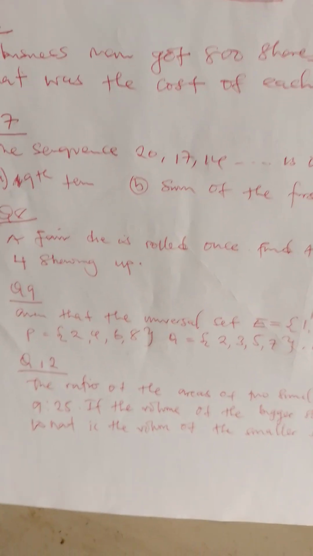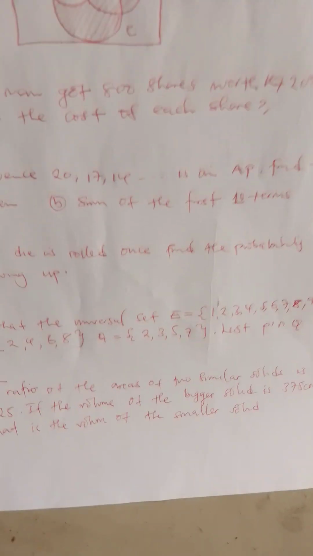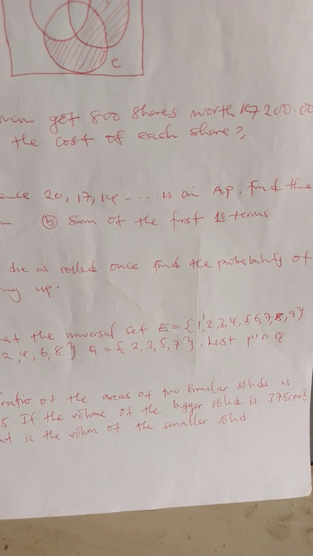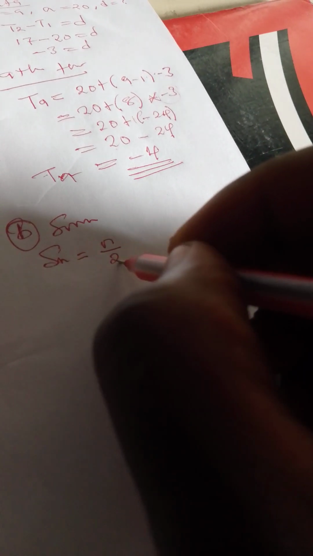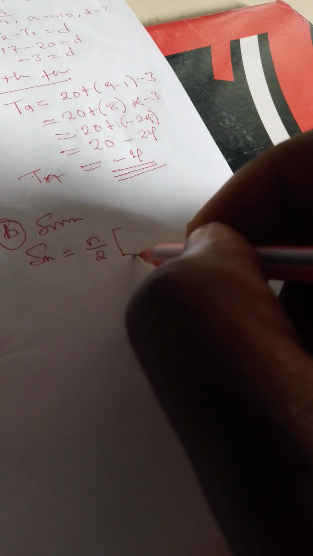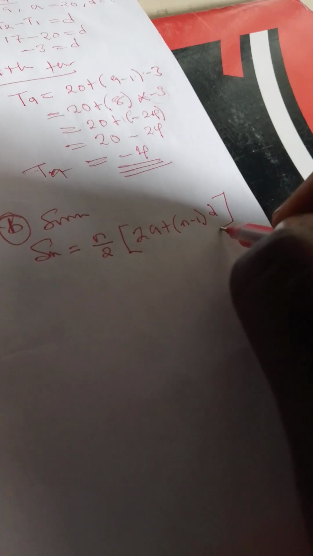Part B says find the sum of the first 10 terms. So the sum of an AP is given by S subscript n is equal to n over 2, then you use these square brackets: 2a plus open bracket n minus 1, then multiplied by d, you close.